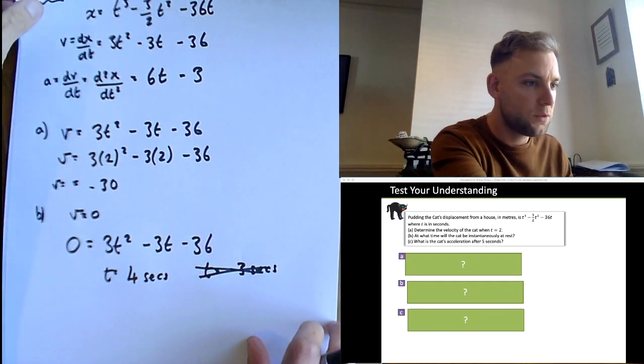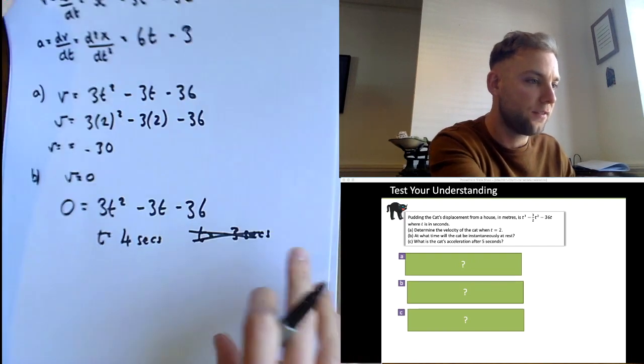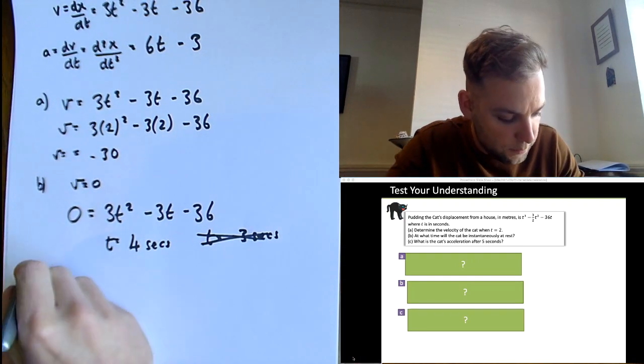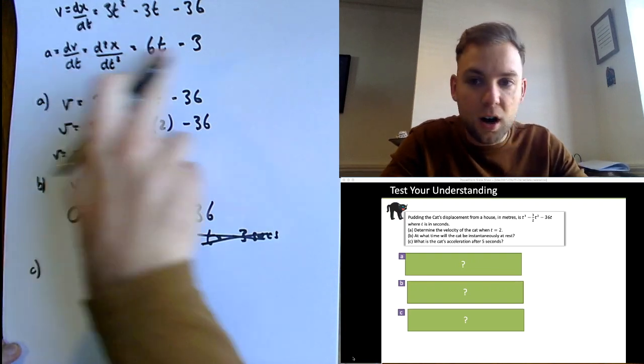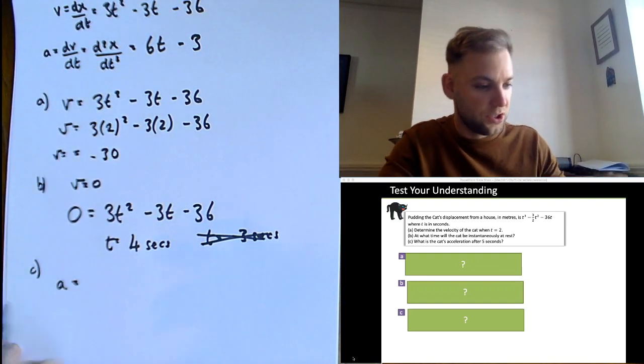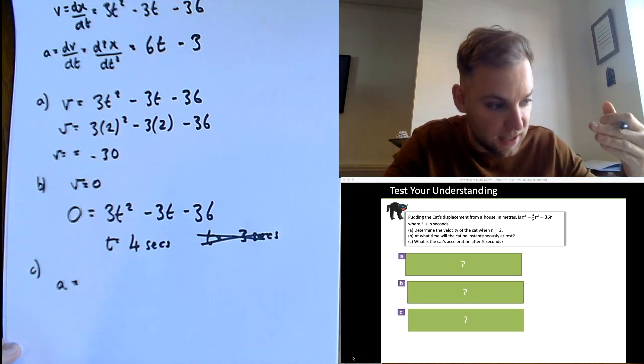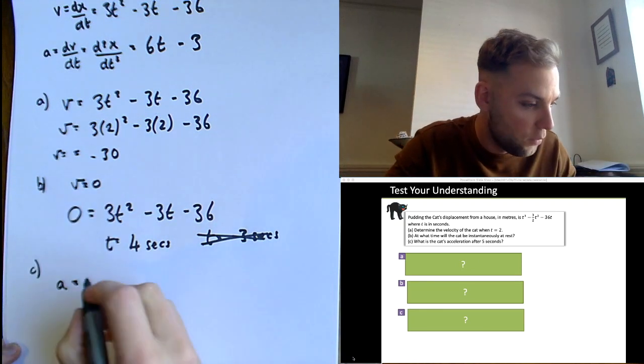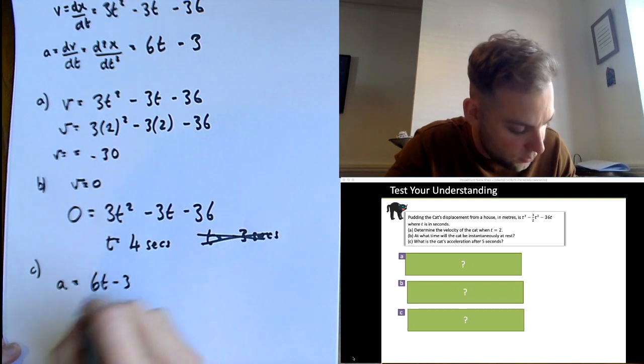Now part C says, what is the cat's acceleration after 5 seconds? We've already got our acceleration up here. My acceleration, which is dv by dt, which is d2x by dt squared, is equal to 6t minus 3.